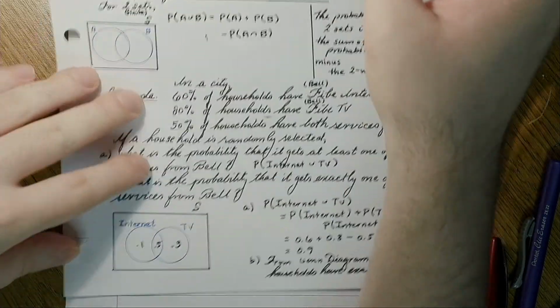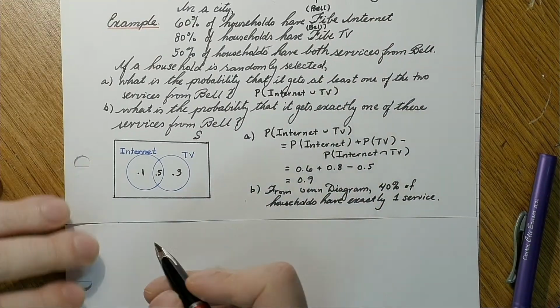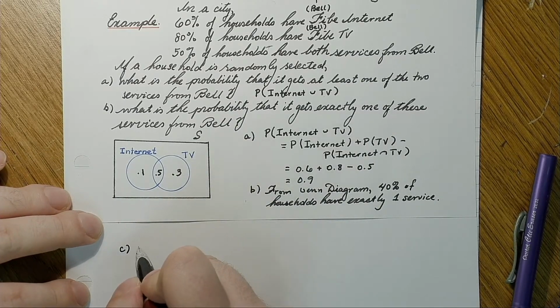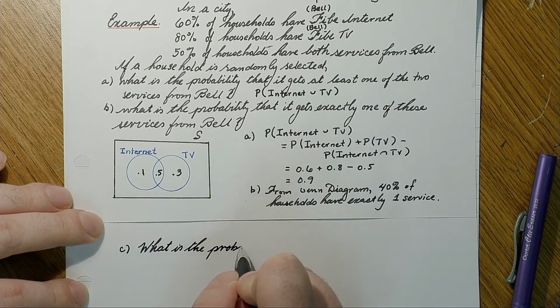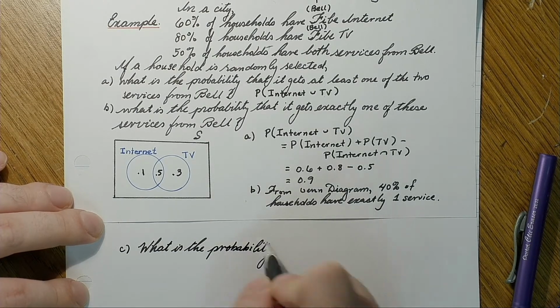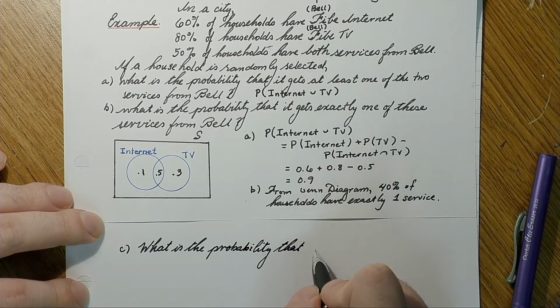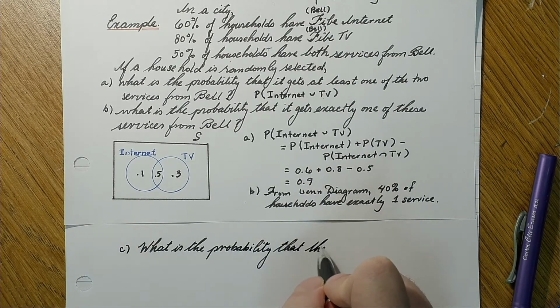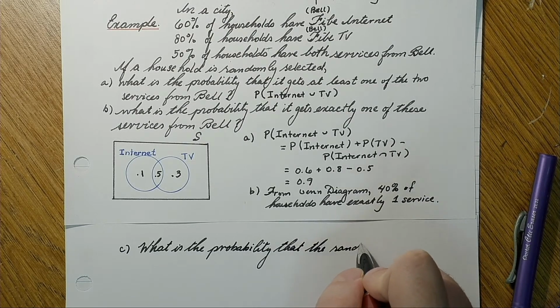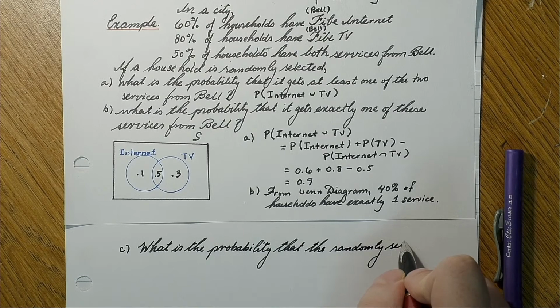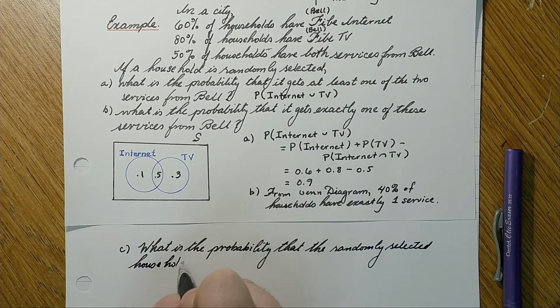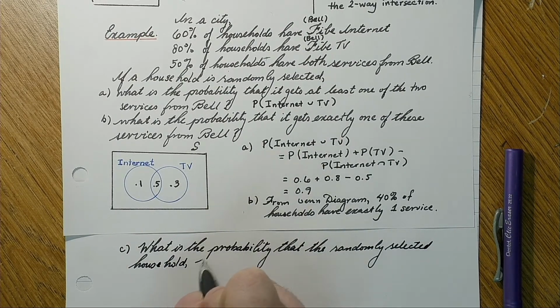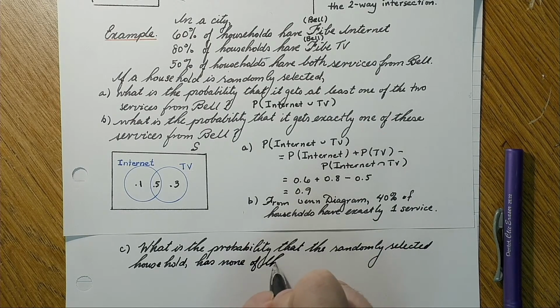So then a bonus question is, C, follow-up, which is, what is the probability that the randomly selected household has none of those services?